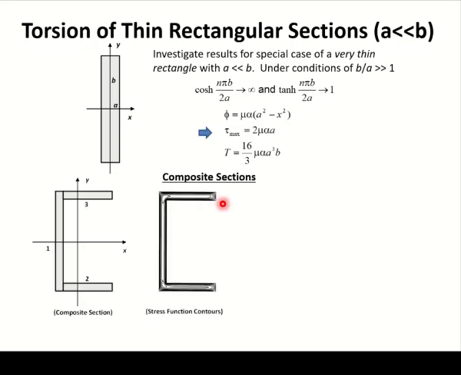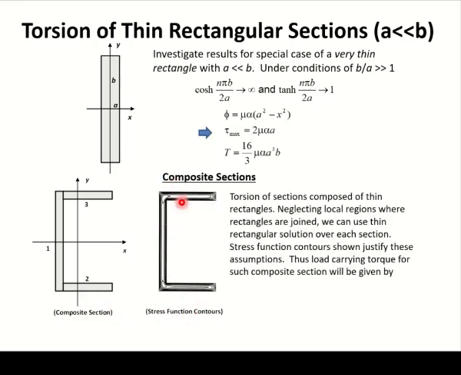But if you have composite sections, in order to get the results here, I can combine my results. I can assume that each of them is made of thin rectangular cross sections, and if I ignore these ends, I will assume a uniform shear stress.